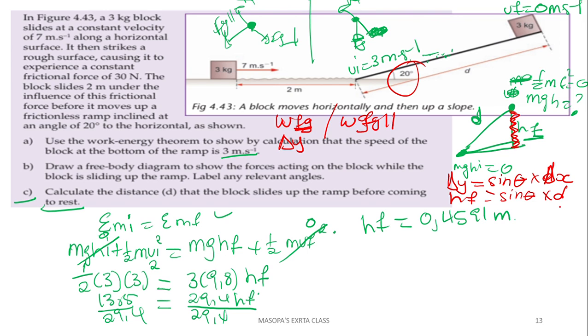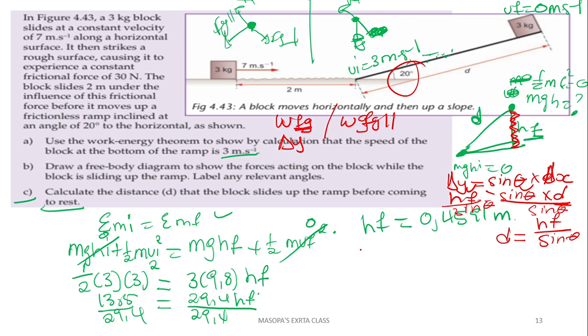So therefore we have this, we can get that by dividing by the sine of theta, and your d is the height of this one, divided by my sine of theta.